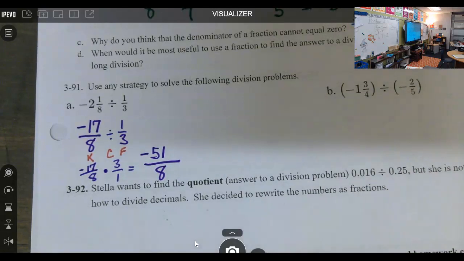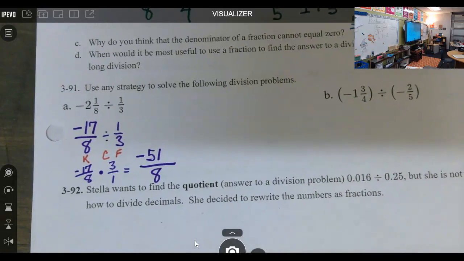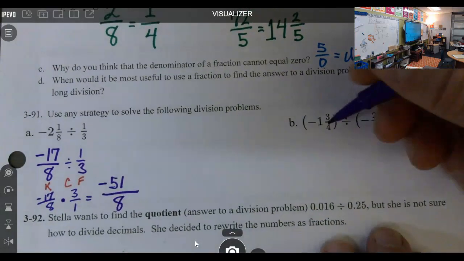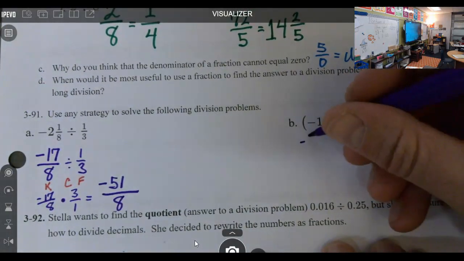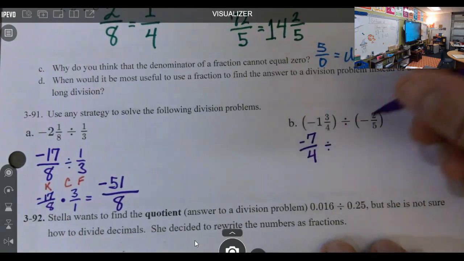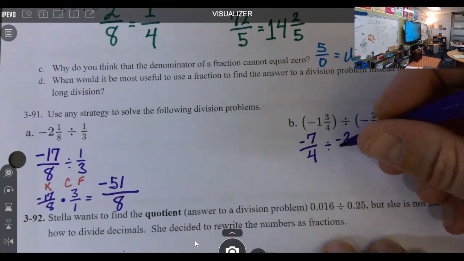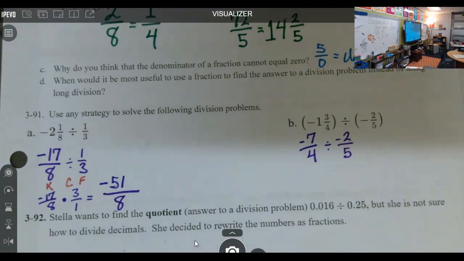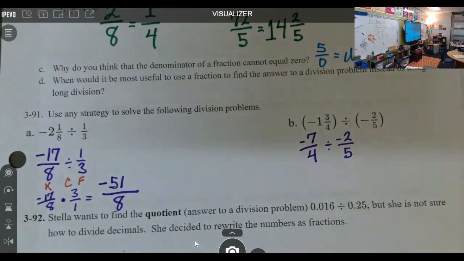Try B. Don't look up at the screen unless you want to see what I'm doing, but try B on your own. Ooh, negative divided by negative? What happens when we have 2 negatives? No, that's when you have minus a negative. Please quit with the memorized rules.